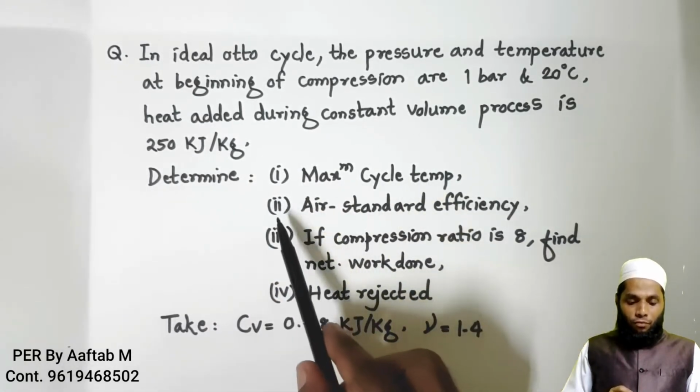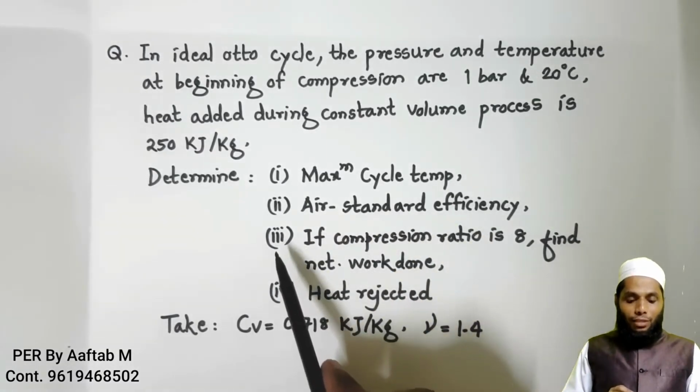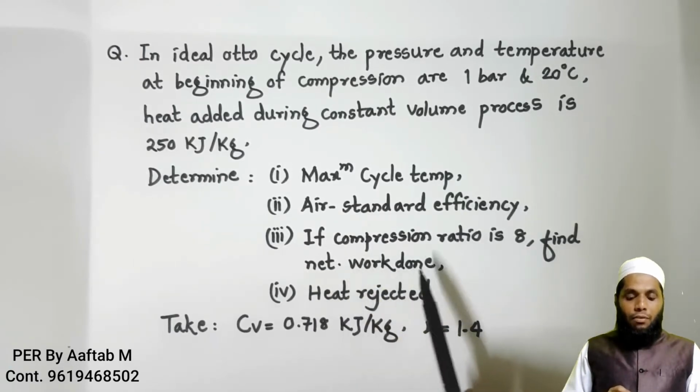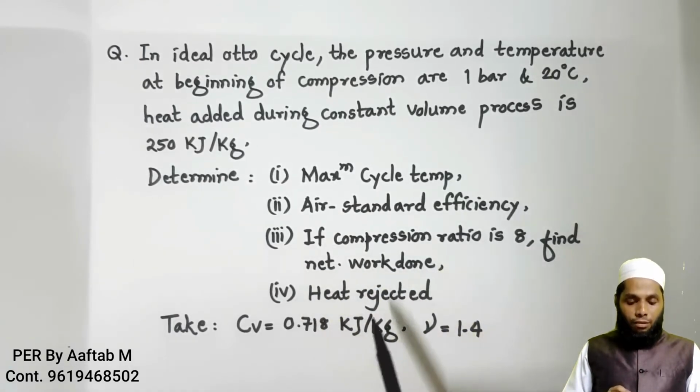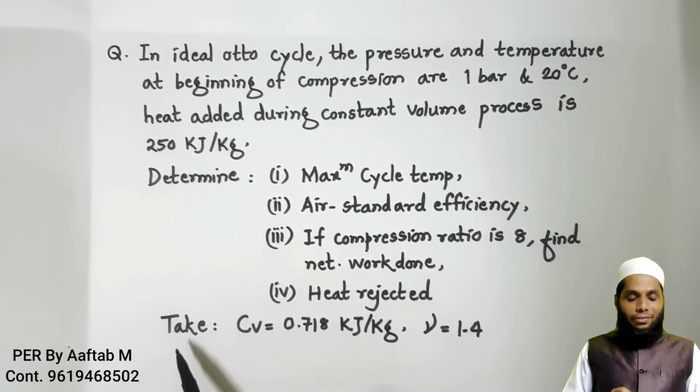Determine first one, maximum cycle temperature, second, air standard efficiency of cycle, third one, if compression ratio is 8, determine net work done, and fourth one, heat rejected by the system. For this, it is given that Cv is equal to 0.718 kilojoule per kg Kelvin and adiabatic index is equal to 1.4.